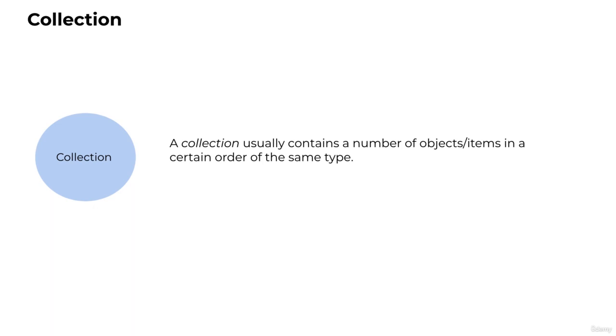So you could have a collection of CDs, a collection of dolls, a collection of cars. So you notice that each time I say a collection, I'm saying that you have a collection of X, a collection of Y, a collection of Z. So those are the types that we will have in one collection. So you have CDs, that's one type. You have cars, another type, and dolls, another type. Okay? So that's the idea when we talk about collections.